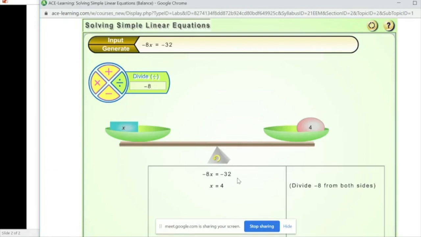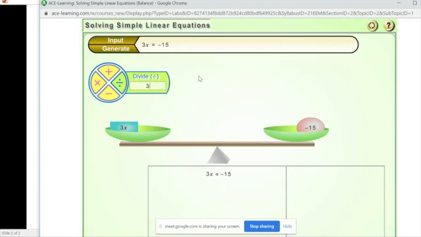Let's look at another example. 3x equals negative 15. So right now, I have 3x here. I need to get positive 1x. In order to get positive 1x, I need to divide by a positive 3.